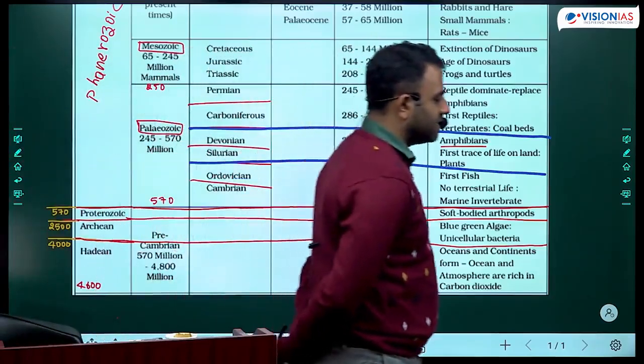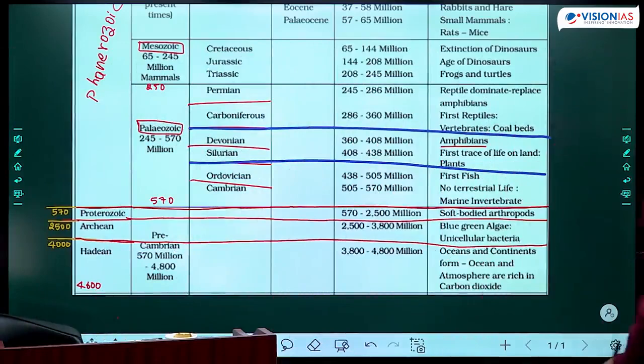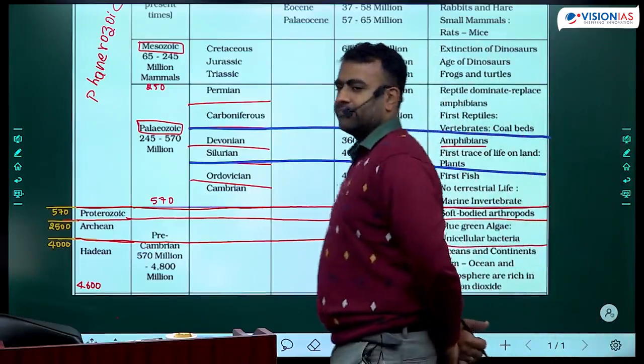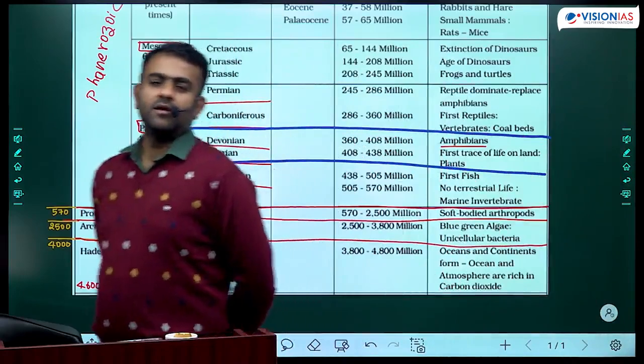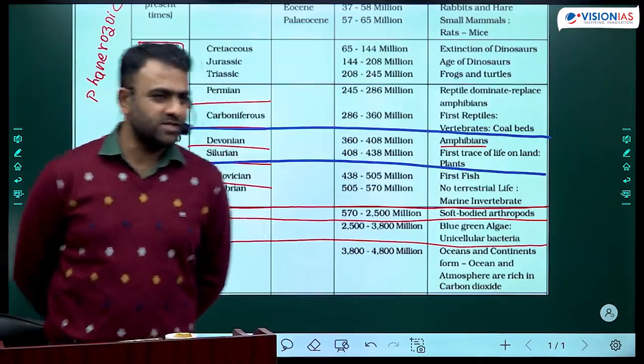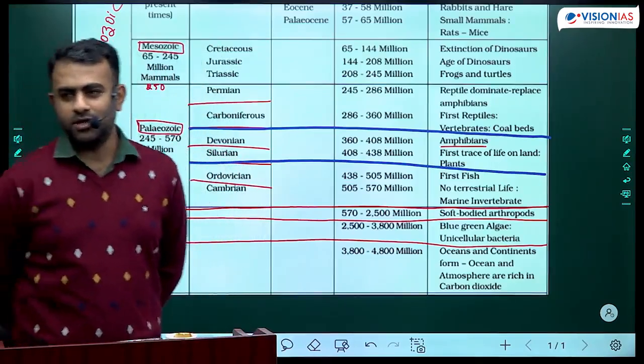Amphibians are known for external fertilization. Reptiles lay eggs directly. This gives them a huge advantage over amphibians. What is the advantage? They don't need water for reproduction.